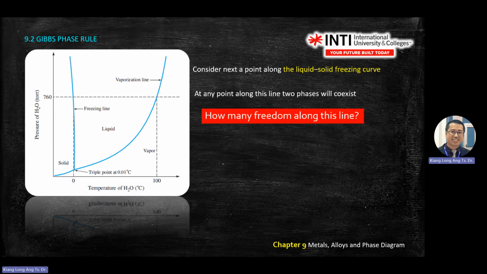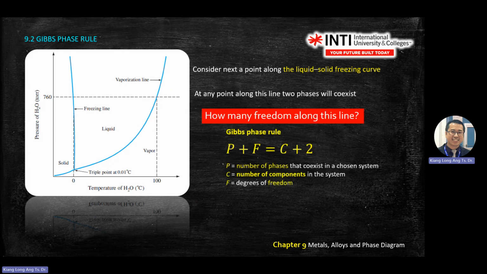So how many degrees of freedom along this line? Again, P plus F equal to C plus 2. How many components? 1. Phases 2. So F will be what? P is 2, C is 1.